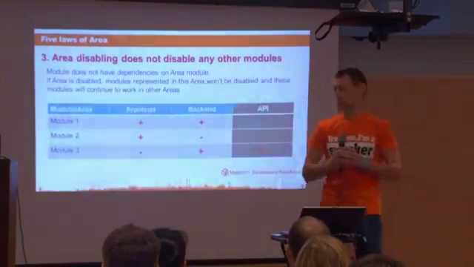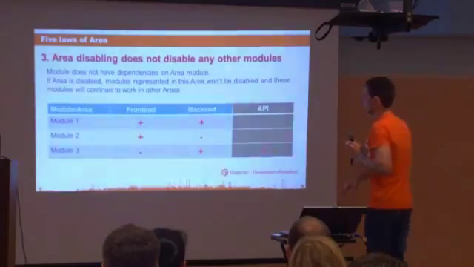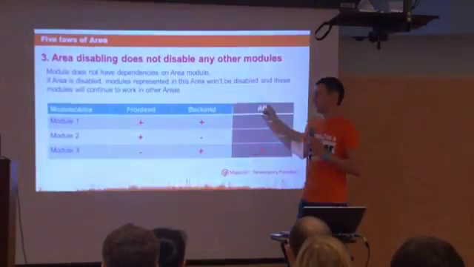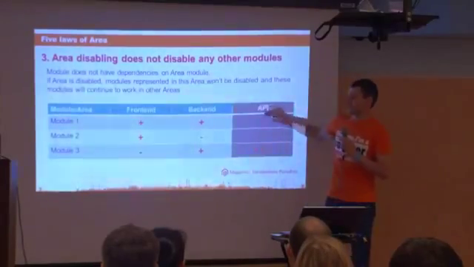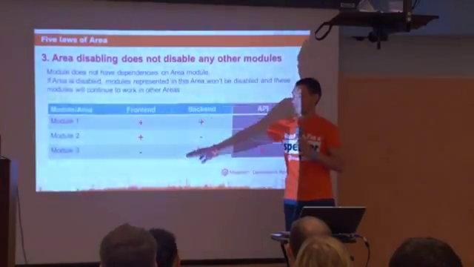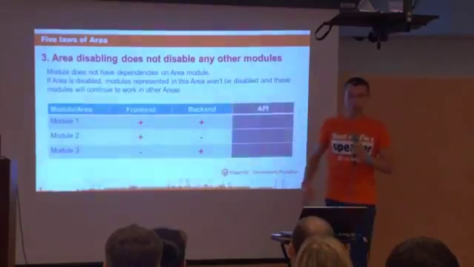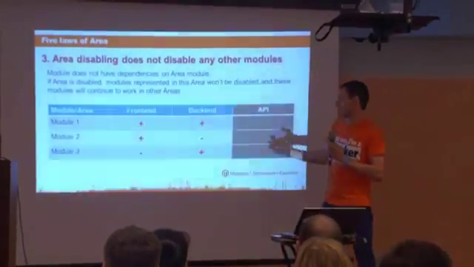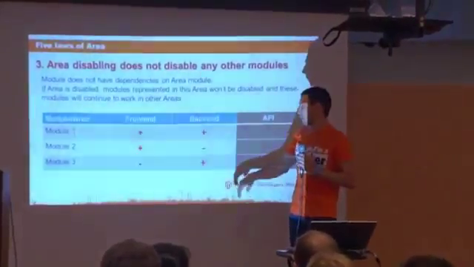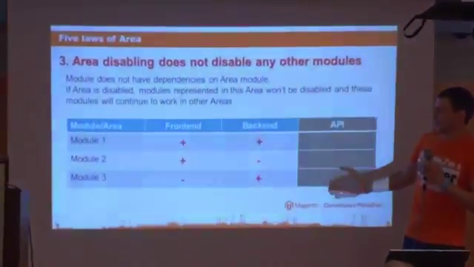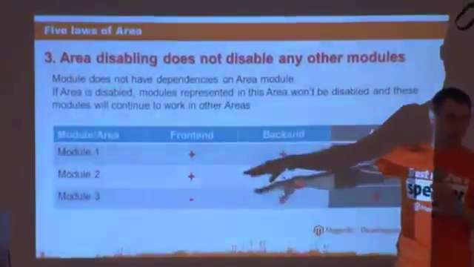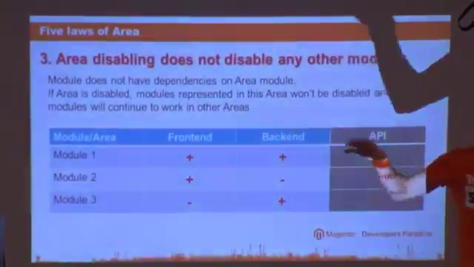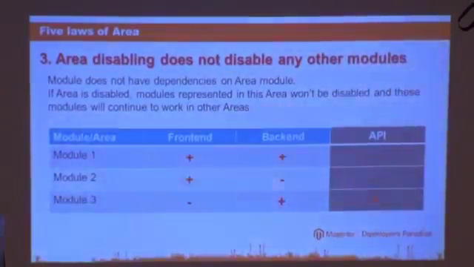As you can see on the slide, we have our Magento installation, which has, for example, three different areas: front-end, back-end, and API area, and we have a list of modules. Each module can be represented in different areas. And when we disable the API area, our modules successfully continue to work in the back-end and front-end areas without losing any functionality. Okay.